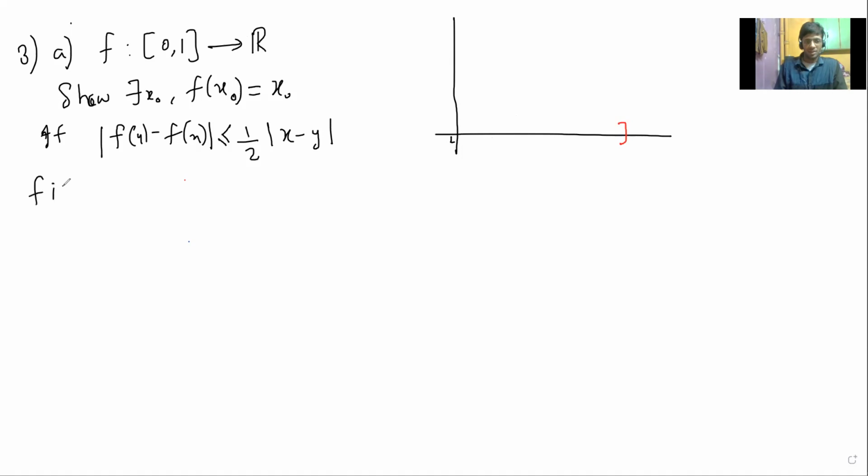F is continuous. Whatever, continuous. So if there are 2 points A and B, then wherever they go, the image will be half of this distance.